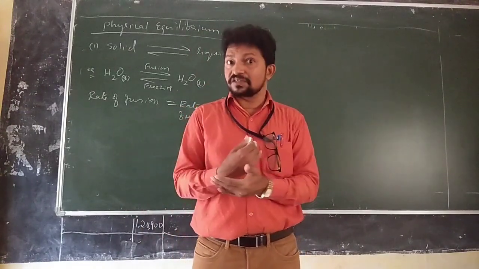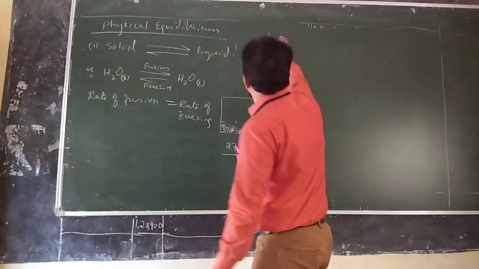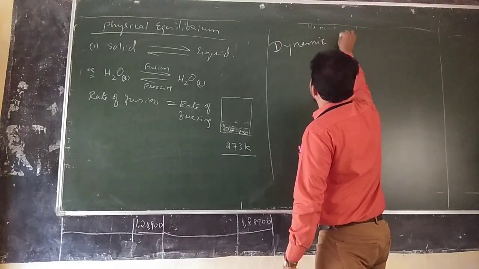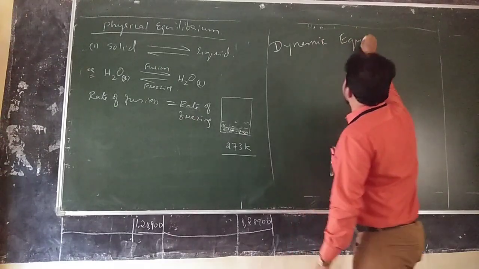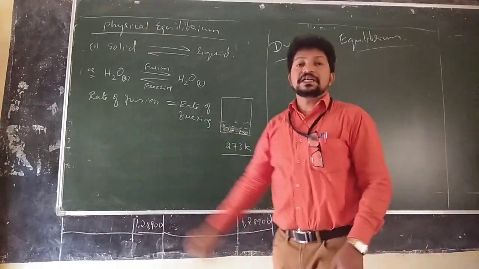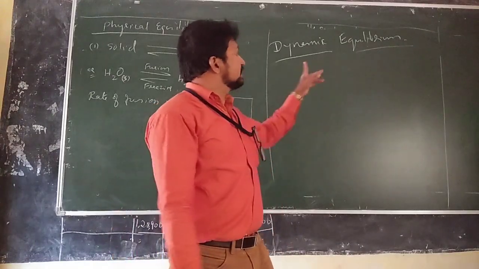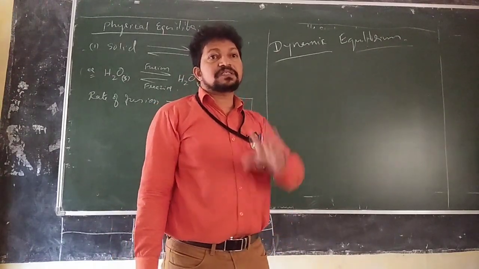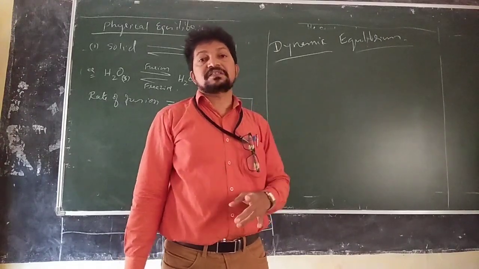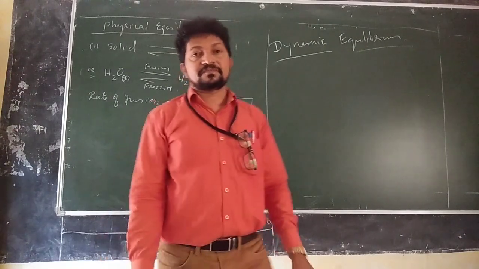So both are going on. I use a very, very important word here. What is that? Dynamic equilibrium. Chemical equilibrium or physical equilibrium or any equilibrium is a dynamic equilibrium. Why is it dynamic? Because both the reactions are under process. Forward reaction and reverse reaction, both are going on.